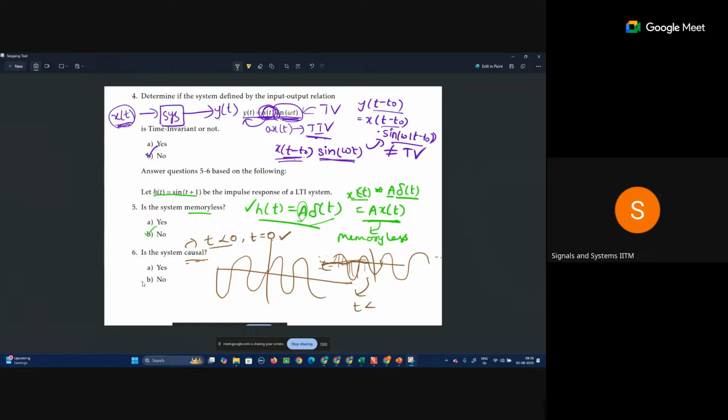So it will be a non-causal system. Am I clear? Yes. Or does anyone have any doubt in this? No doubt. Yeah.